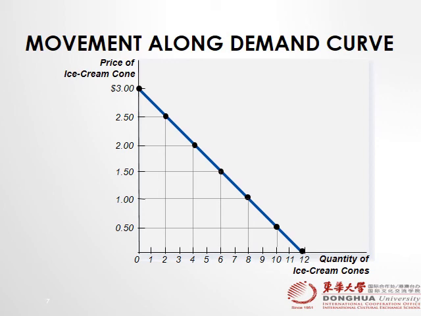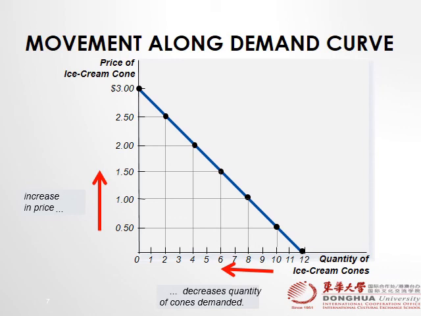So here, if the price is increased from 0.5 to 1.5, then what happens? Quantity demanded also decreases. So we shifted from A to B. We don't have to make a new curve, so we are on the same curve, right? This is called movement along the curve.